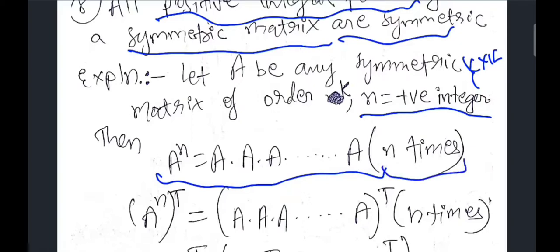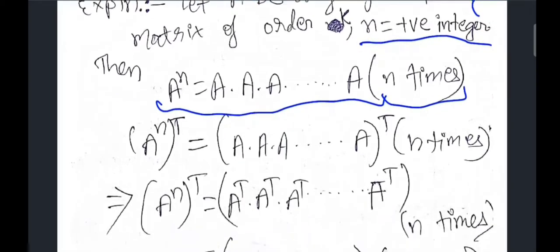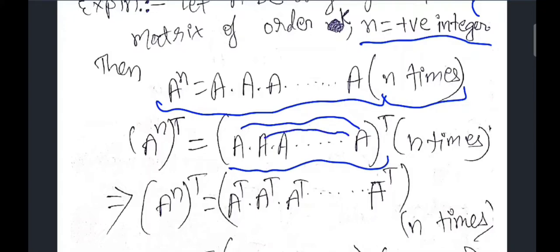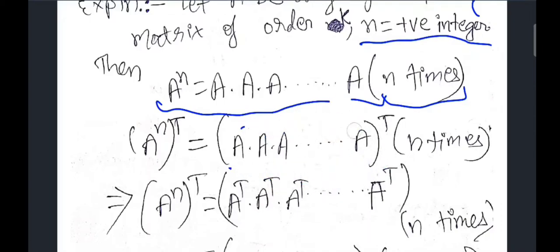When you take its transpose, on both sides it will be transpose. I had already told you that the first term will come last, the second term will come second last, and so on, but all are identical. As all are equal to A, A to the power n transpose is equal to A transpose A transpose A transpose, n times.